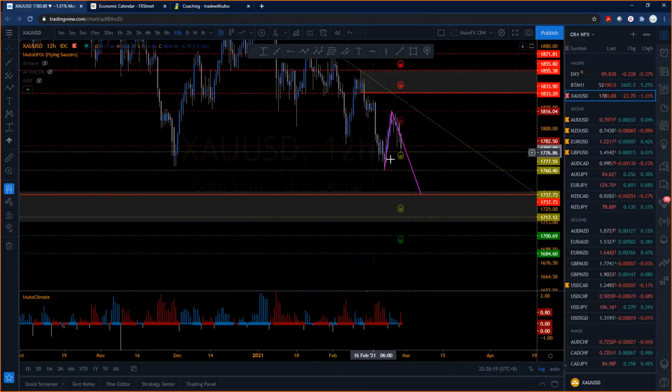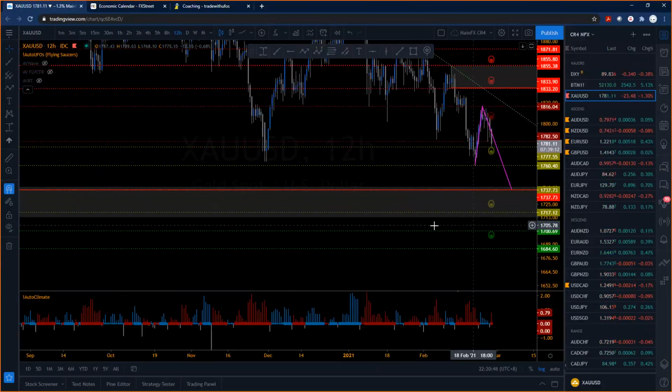So the price at the moment is moving into an area of olive green UFOs. It's olive because it's an area that has been tested before, so some of those unfilled orders have been used already. Whereas if it's this brighter green, it means that no price has touched that area.